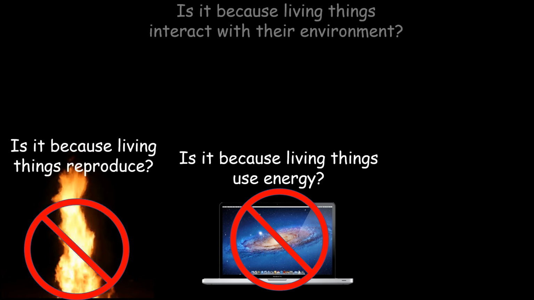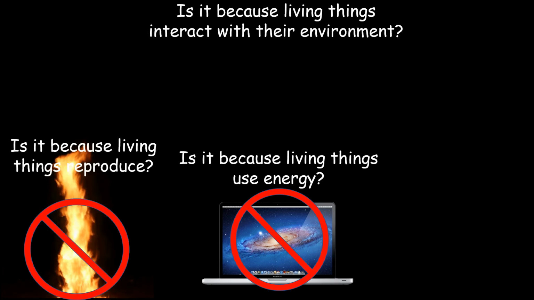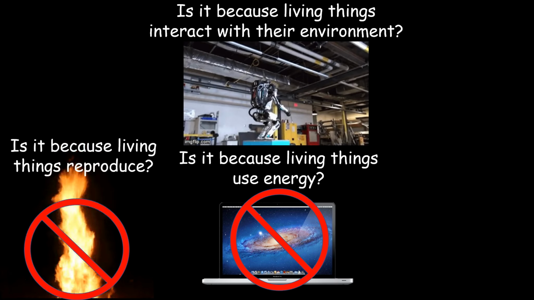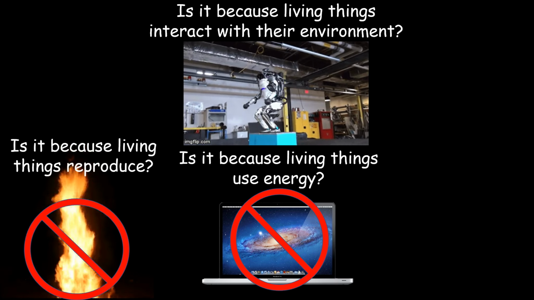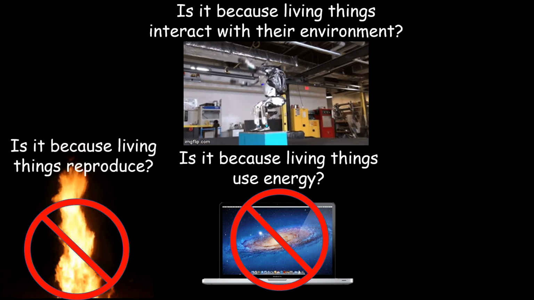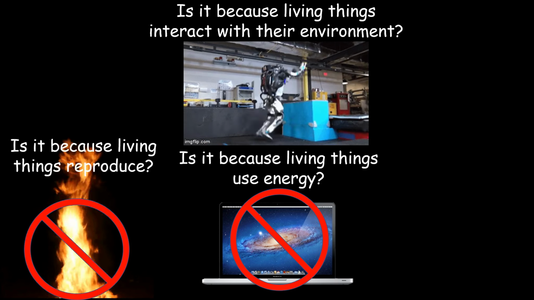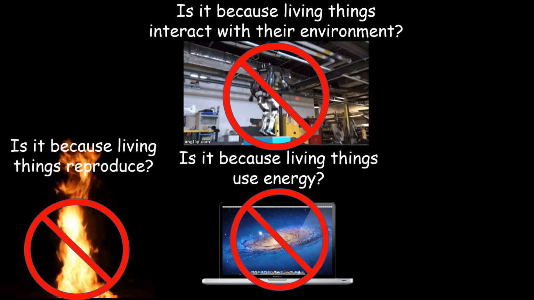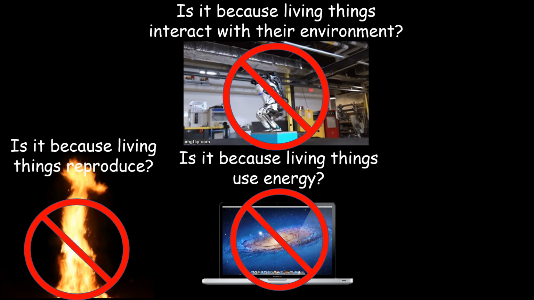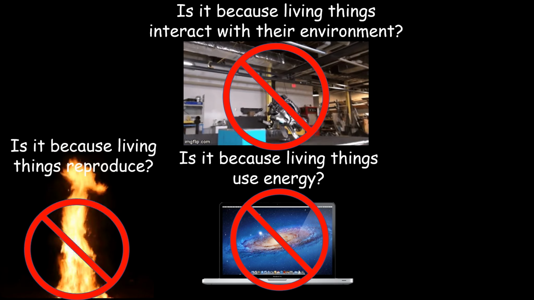What if it's the ability to interact with the environment, to move around, to change the environment? That'd be a good question if that's what makes living things. But as we advance, we're getting robotics that's able to do acrobatics better than we can. So that isn't a good enough definition for what makes a living thing alive.